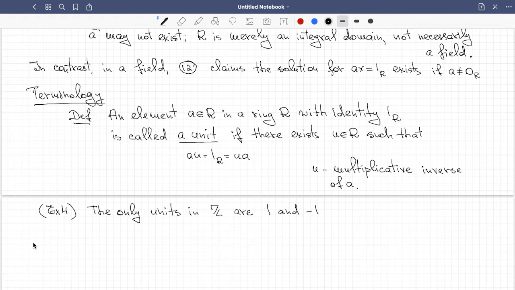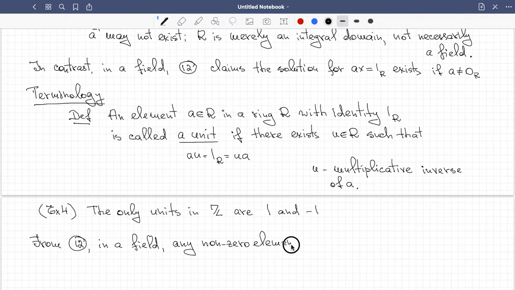So in a field any non-zero element is a unit.